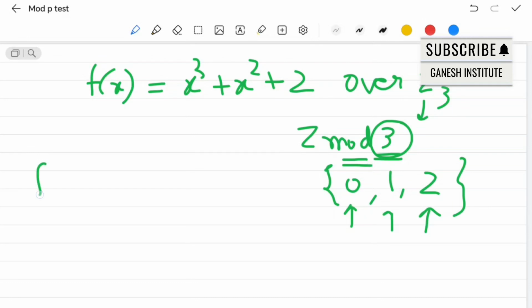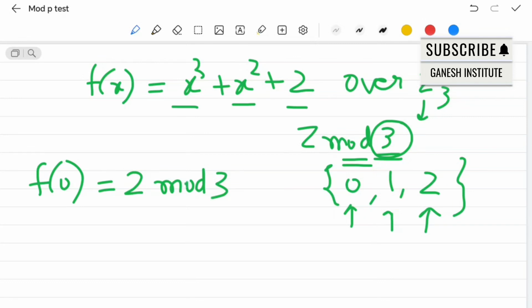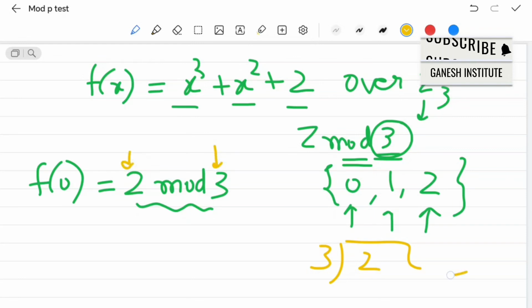So firstly, f(0). If we put 0 here, it is 2. So 2 modulo 3. You know very well what we have to do in order to solve this. We have to take this as divisor and this as dividend. Okay. This as divisor, this as dividend, and you can see it cannot be divided further.